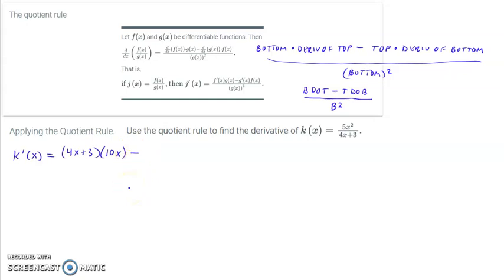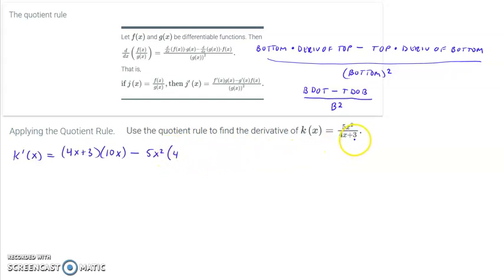Minus, we have our top function, which is 5x squared, and then we want the derivative of the bottom. The derivative of 4x is going to be 4x to the 0th power. Keep in mind, x to the 0 is really just a 1, so I'm just going to leave that as 4.